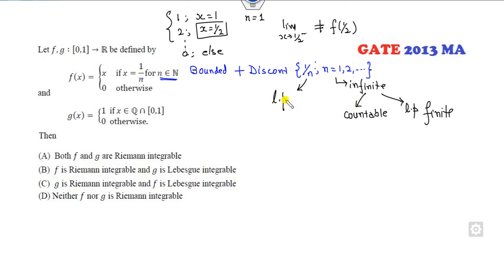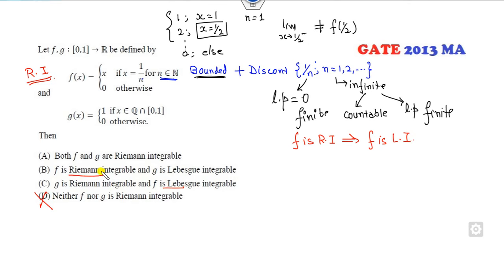The limit point is 0, which is finite. Once the limit point is finite as well as the function is bounded, it means f is Riemann integrable. So this option is cancelled. Now if f is Riemann integrable, it means f is Lebesgue integrable. That is also a correct statement.